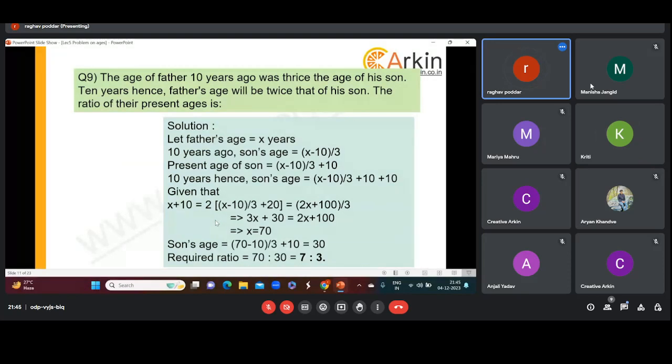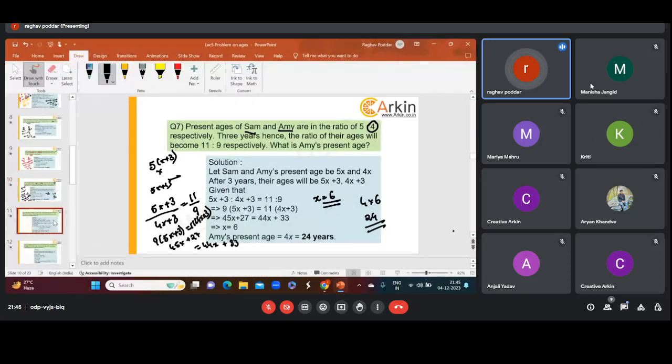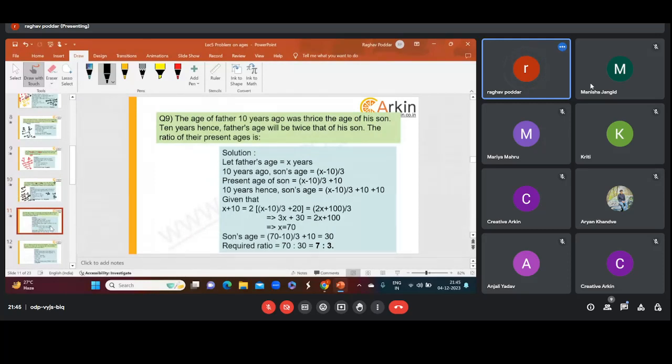Okay. So see, what will I do? What you have said is also correct. So I have taken father's age. The age of father 10 years ago was twice the age of his son.